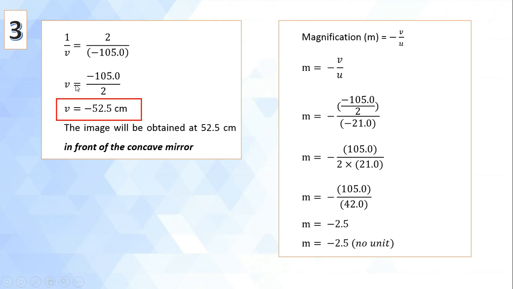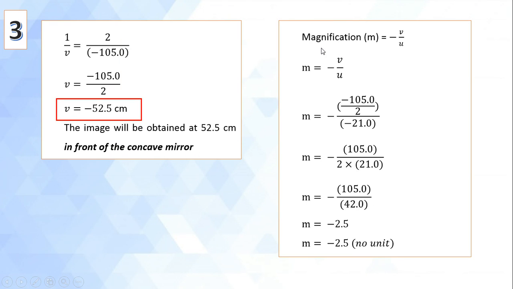That is, v is equal to minus 105 divided by 2, that is v is equal to minus 52.5 centimeter. This negative sign indicates the image is in front of the concave mirror. Image will be obtained at 52.5 centimeter in front of the concave mirror.